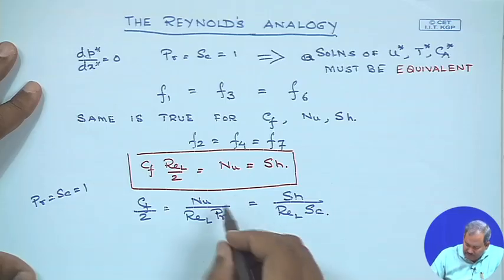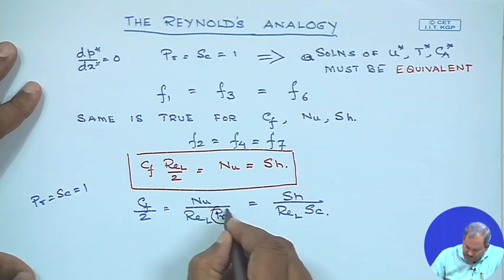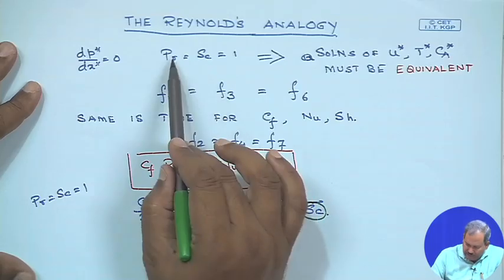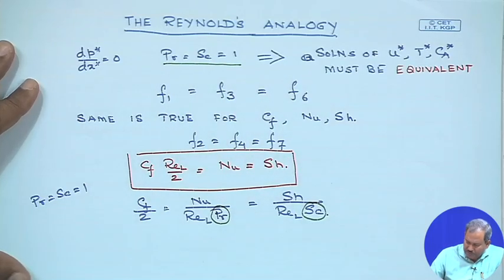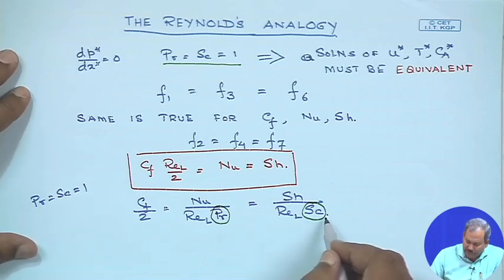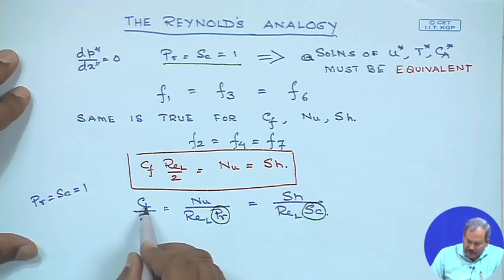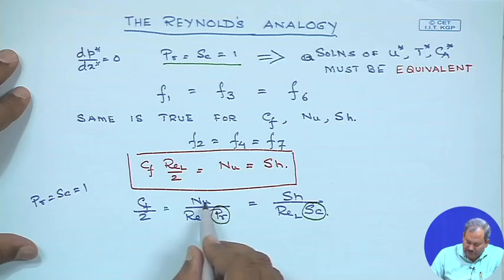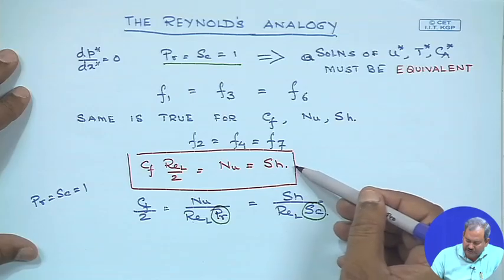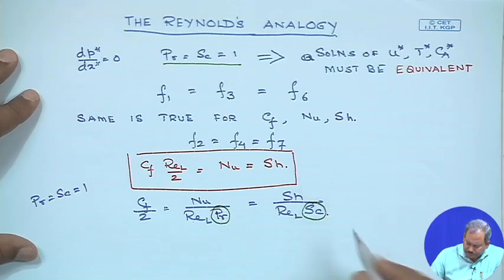additional numbers, knowing fully well that in order to have Reynolds analogy, I have assumed Prandtl is equal to Schmidt number and its numerical value is equal to 1. So, therefore, expressing Cf in terms of Nusselt, Reynolds, Prandtl or Sherwood, Reynolds, Schmidt would not change the generality of this.